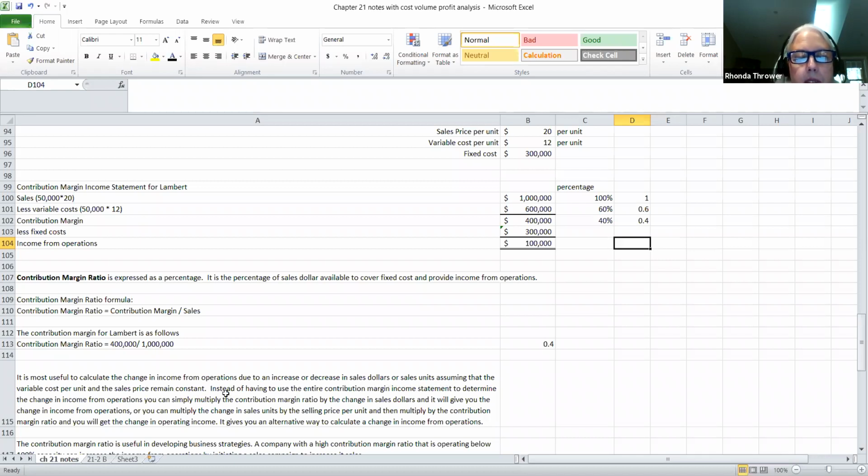We can do this instead of having to use the entire contribution margin to determine the change in income. So these ratios are shortcuts to help us determine what our income from operations could be if we change the dollar amount of our sales or the number of units sold.